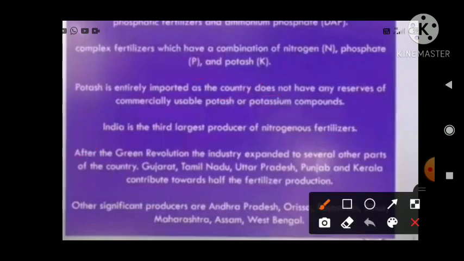After the Green Revolution, the industry expanded to several other parts of the country. Gujarat, Tamil Nadu, Uttar Pradesh, Punjab, and Kerala contribute towards half of fertilizer production.